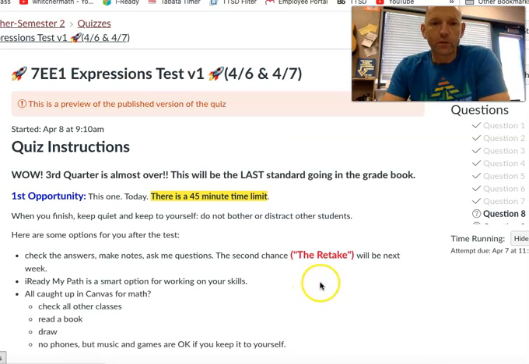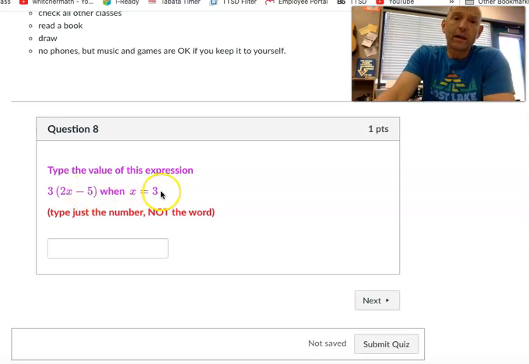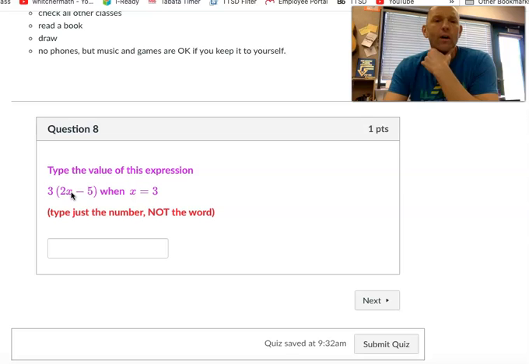And question 8. Speed this up a little bit, sorry. The value, we're going to evaluate this. We can either simplify this expression first and then substitute the 3, or we can substitute the 3 right here and evaluate just the numbers. Since I want to hustle through the rest of this video a little bit, I'm going to put the 3 in right now.